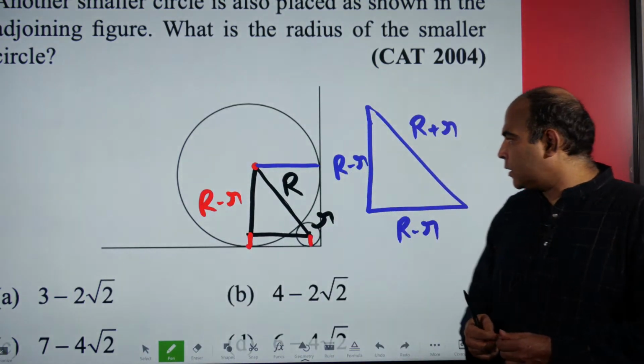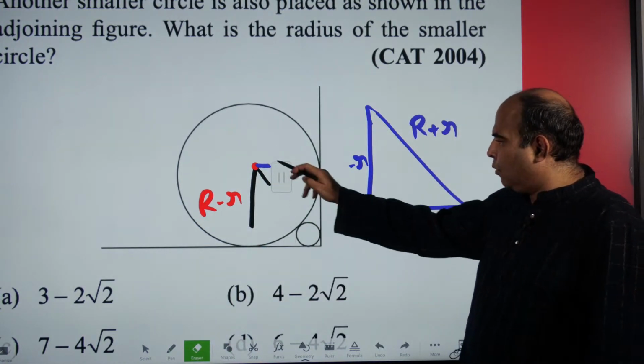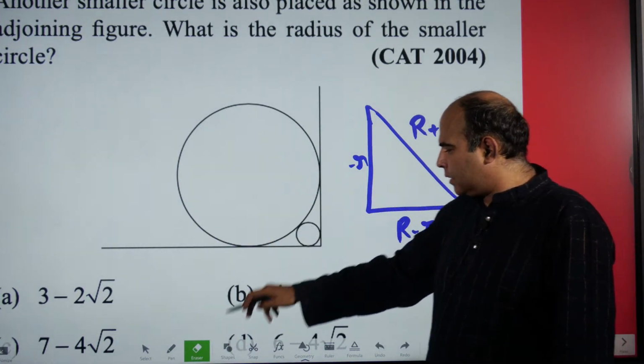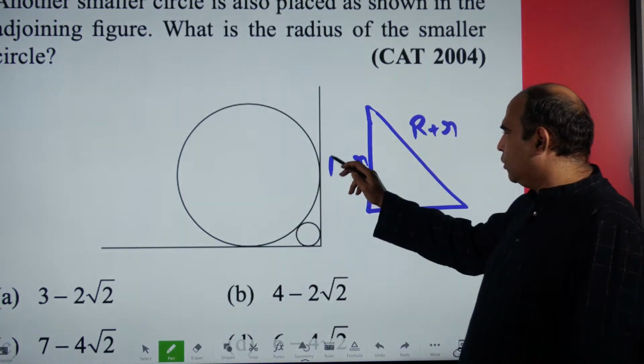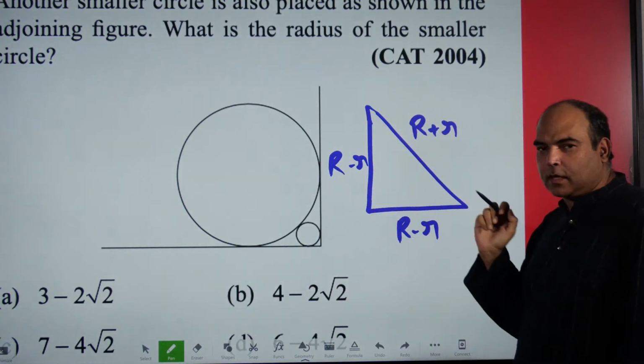So when you start doing this on this triangle, and you go for the Pythagoras theorem on this triangle, you can basically use (R plus r) whole square is equal to (R minus r) whole square plus (R minus r) whole square.